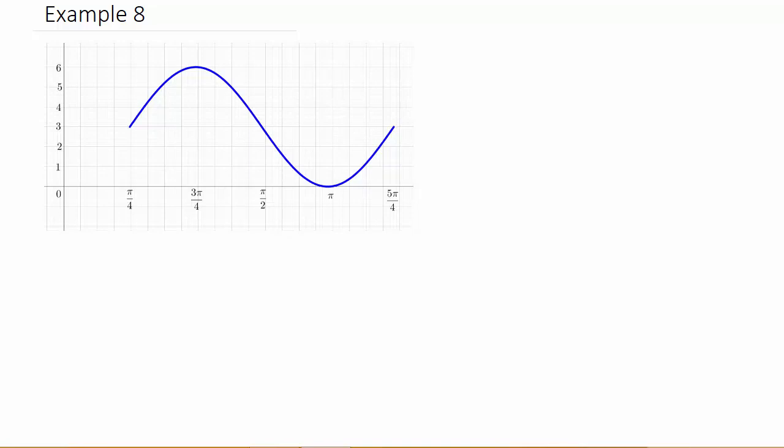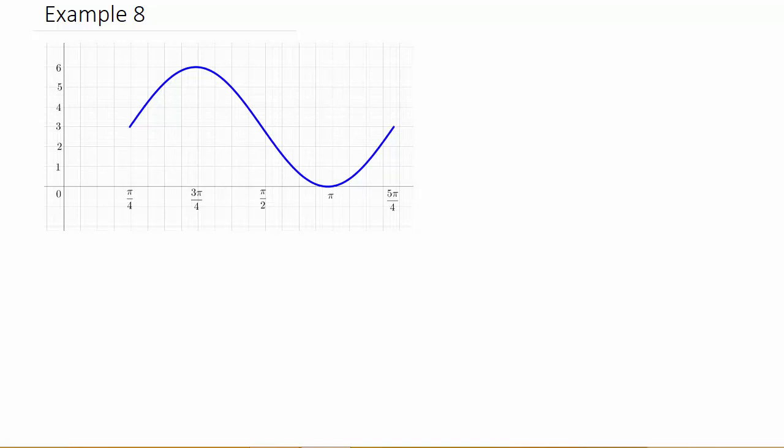Examples 5 and 6, they have a horizontal shift. Examples 7 and 8, they have a horizontal and a vertical shift. And actually number 7 has a horizontal and vertical, and it's reflected about the x-axis, so you might want to check that one out. Tried to hit everything that you would come across.